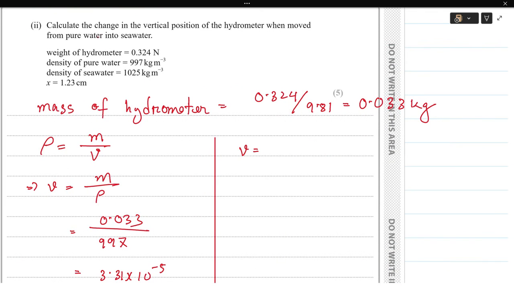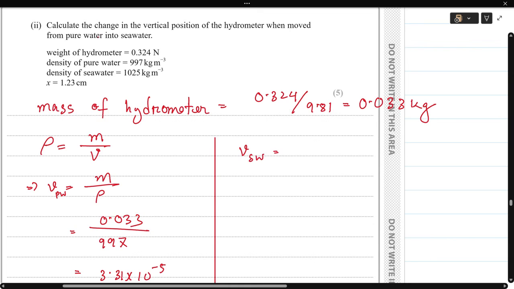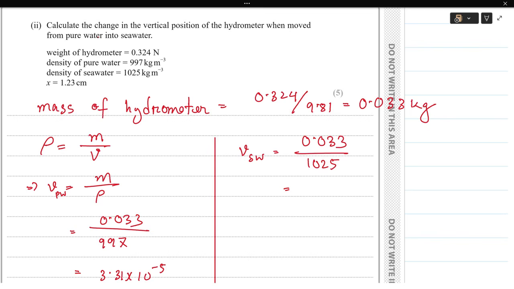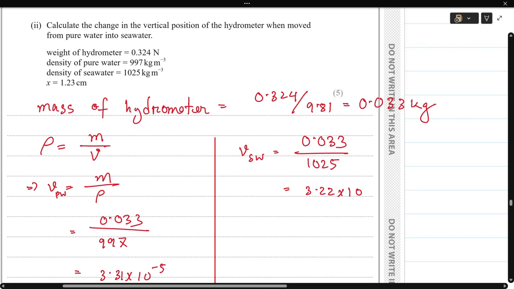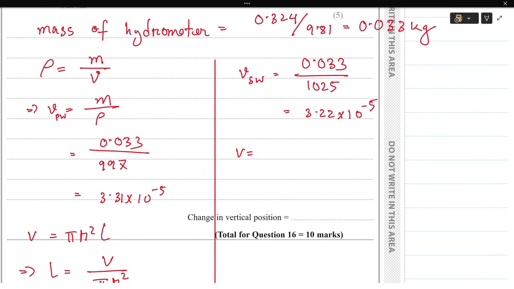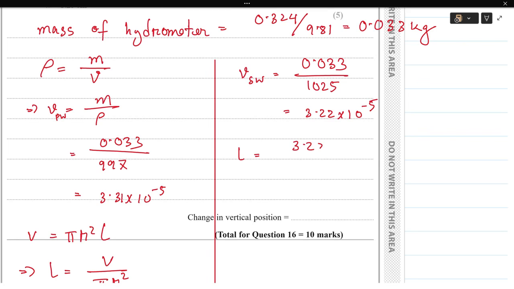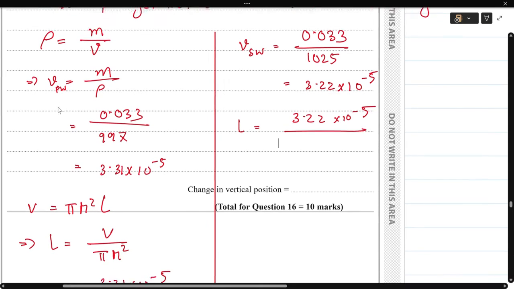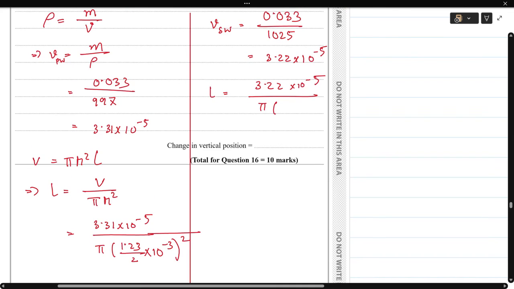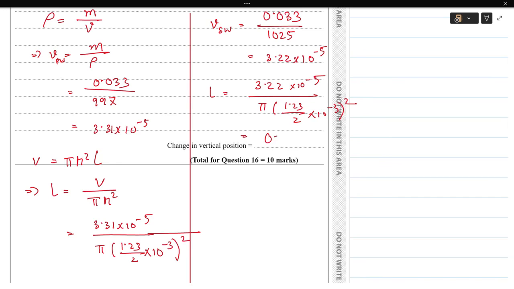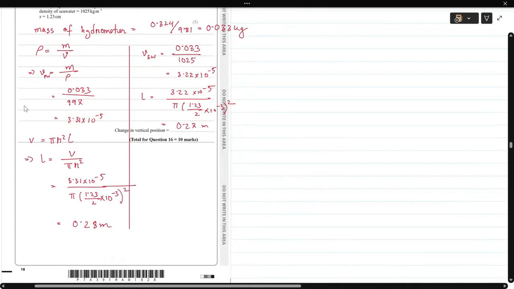So for seawater, this is pure water, this is the volume of seawater, would be 0.033 divided by the density of seawater, which is 3.22 times 10 to the power minus 5, and the volume is divided by pi r squared, which will give us 0.27 meters.